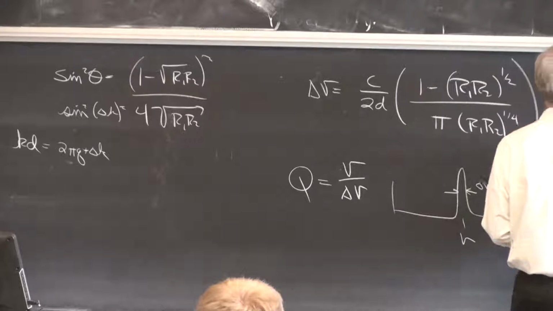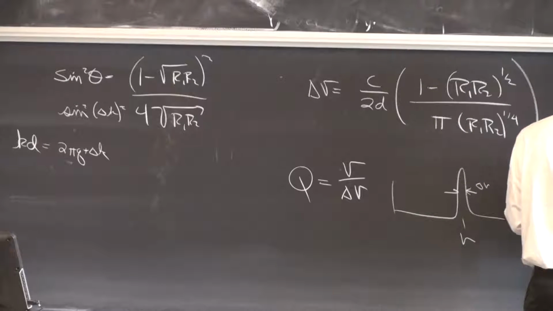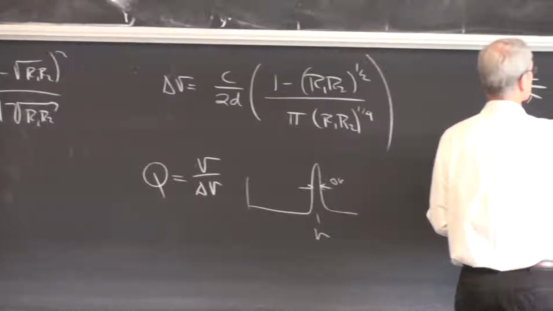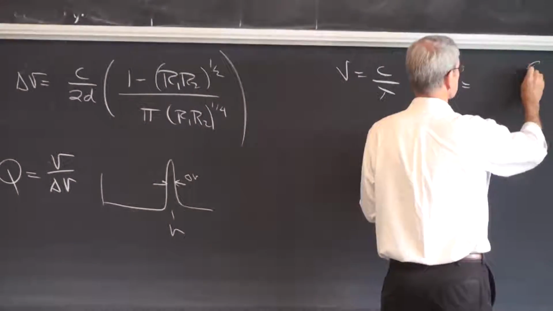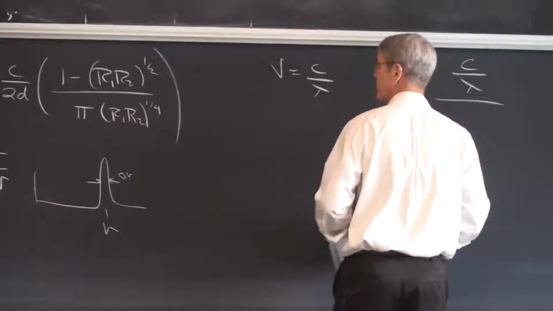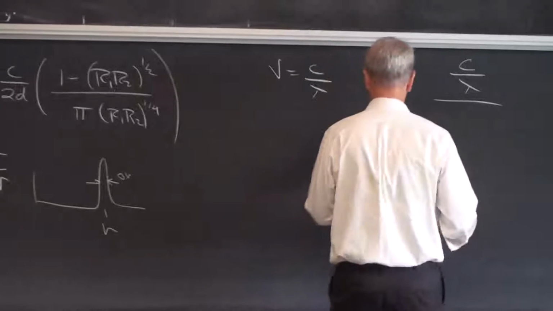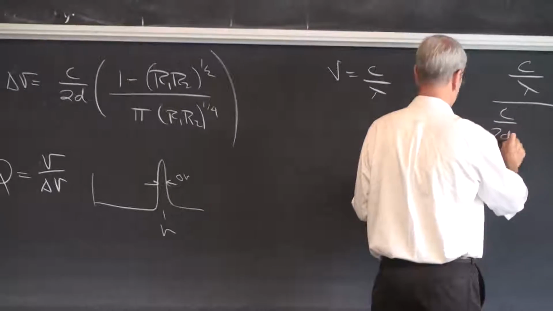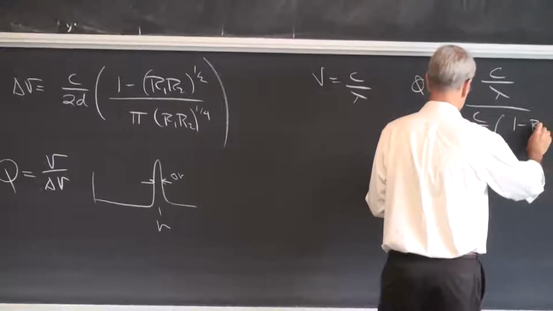Nu is just c over lambda. And so Q is just going to be c over lambda divided by c over 2d times 1 minus all this stuff.